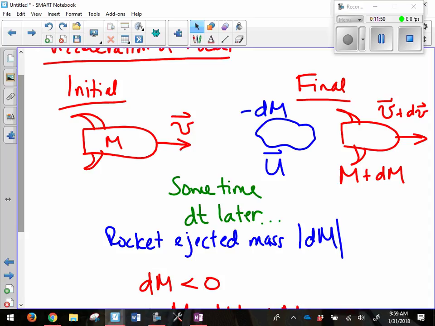The whole rocket's moving this way. No, it's definitely not going to stay still.